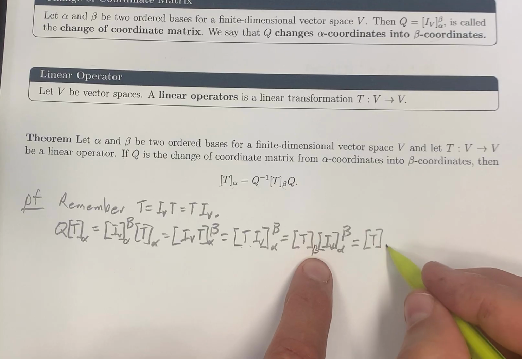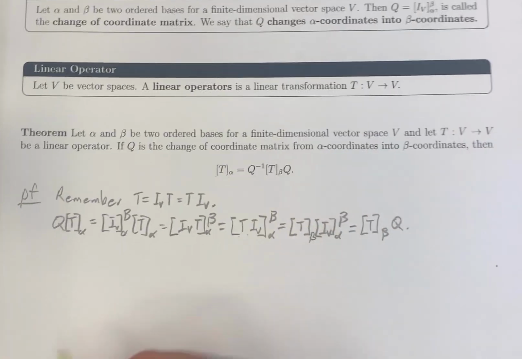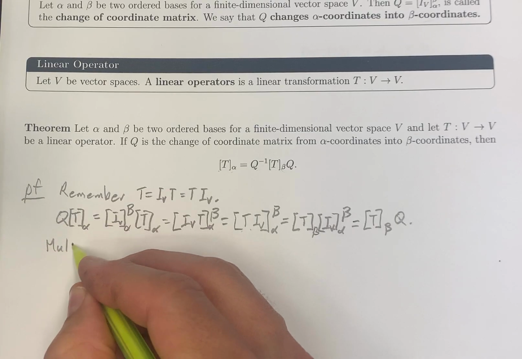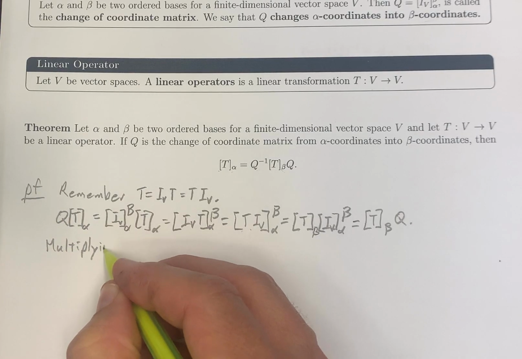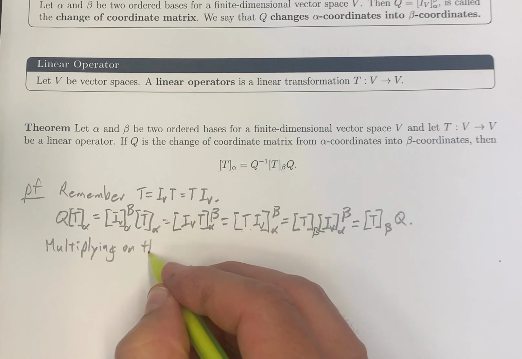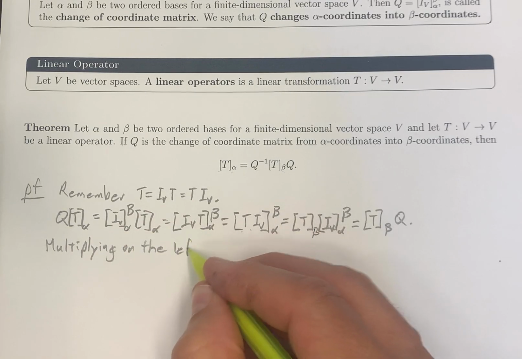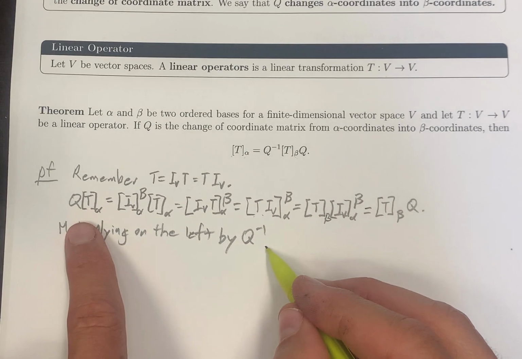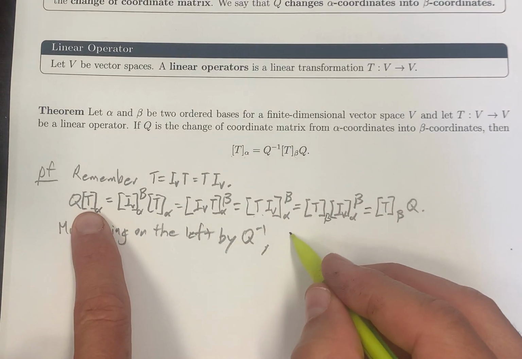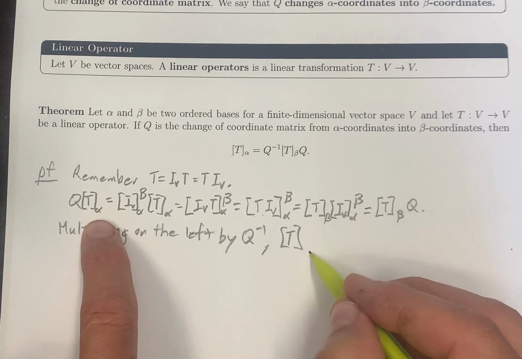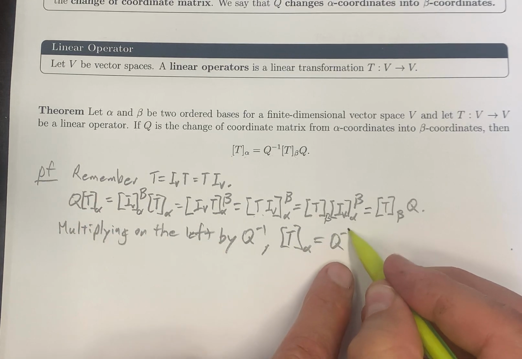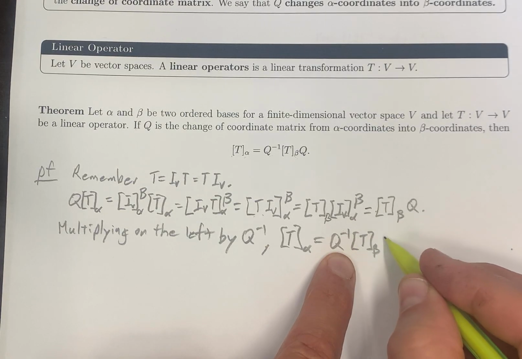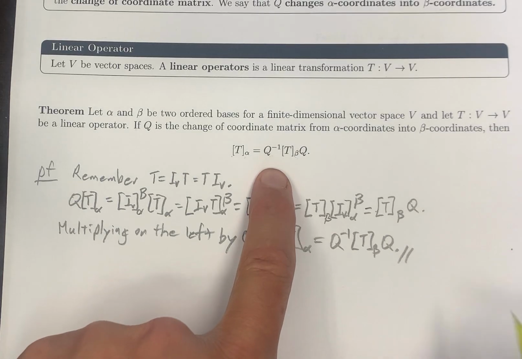This is T beta Q. Multiplying on the left by Q inverse, Q inverse undoes the Q there, and so we just get T alpha equals Q inverse of the right-hand side, T beta Q. That's what we're hoping for.